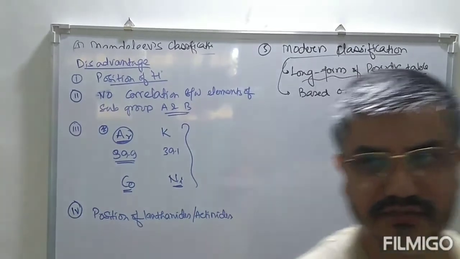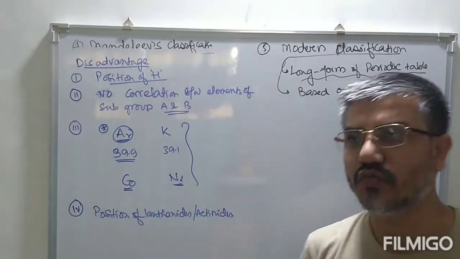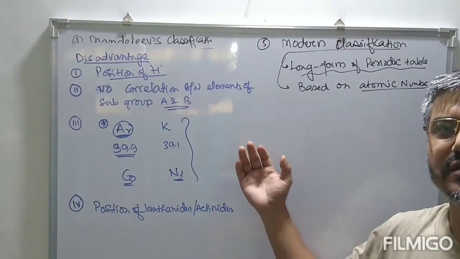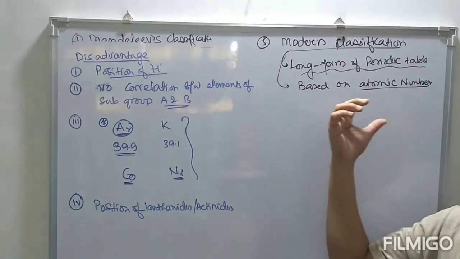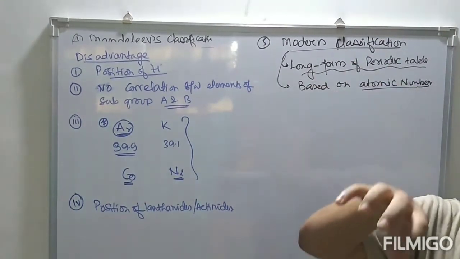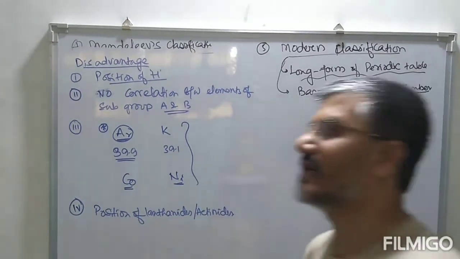While Mendeleev related the properties of elements to atomic mass, the modern periodic classification says the properties of elements are a function of their atomic number rather than atomic mass.